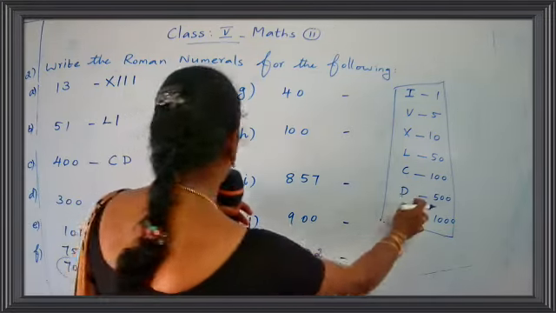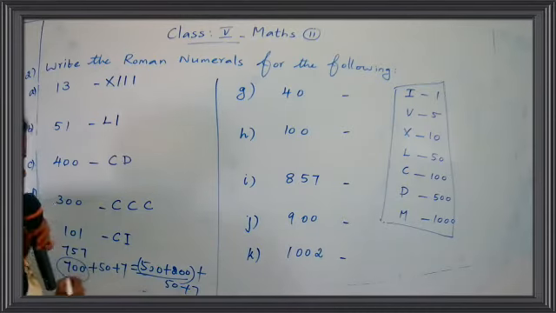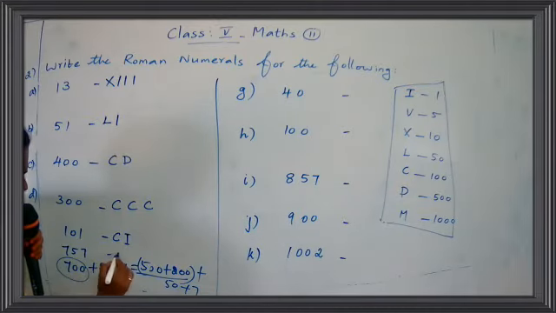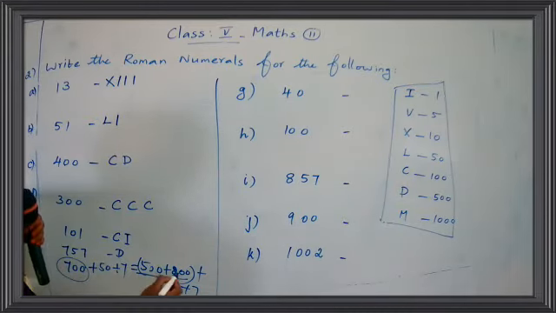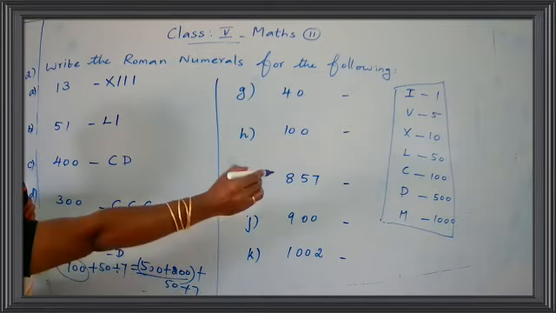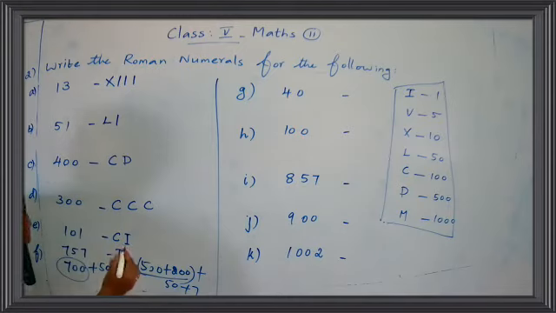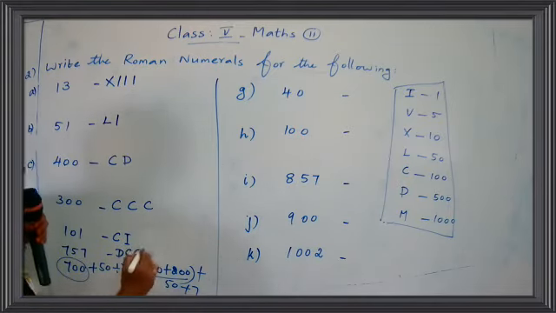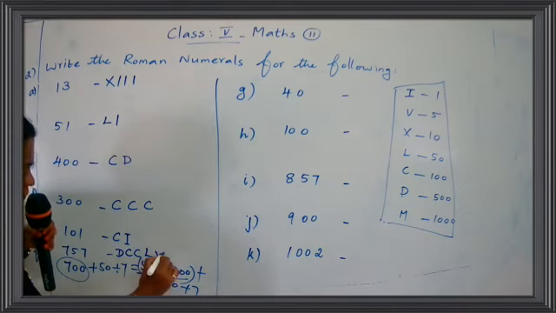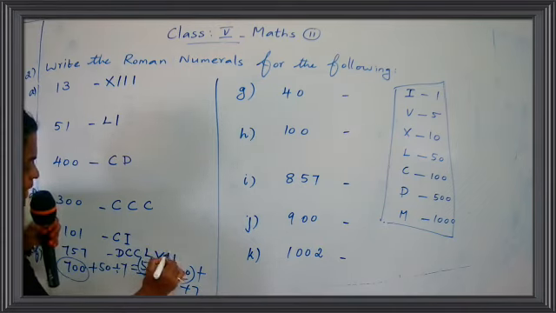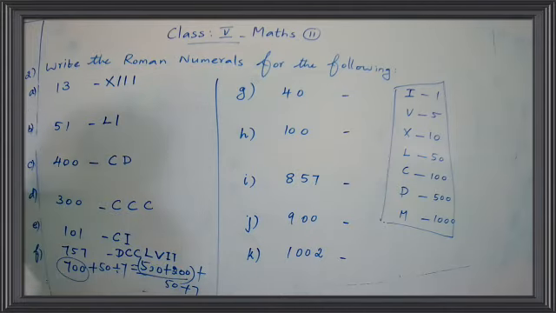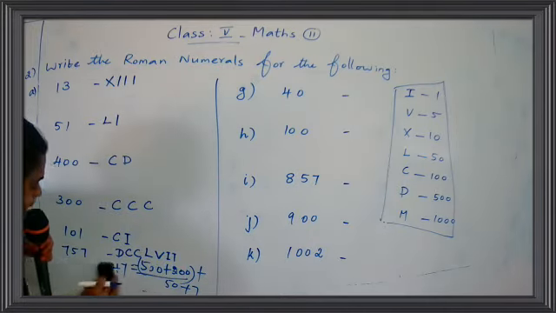Here D. So 757 means D for 500, plus 200. Here 100 is C, so 200 means CC. So DCC plus 50, L. 7 stands for V and II. Okay children, now clear? நல்லா புரிஞ்சுக்கோ.